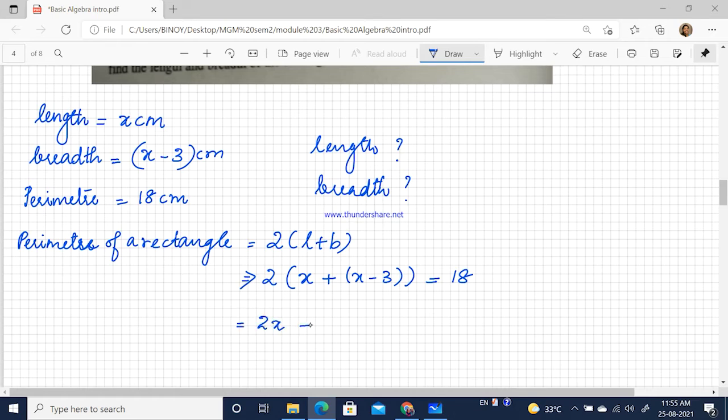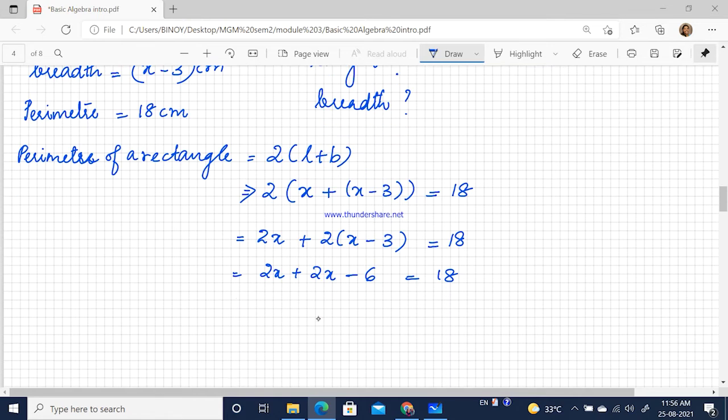Applying this, 2x plus 2 into x minus 3 is equal to 18. So that is 2x plus 2x minus 6 is equal to 18.